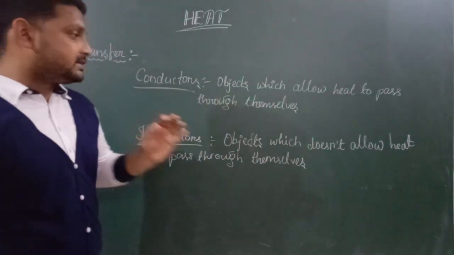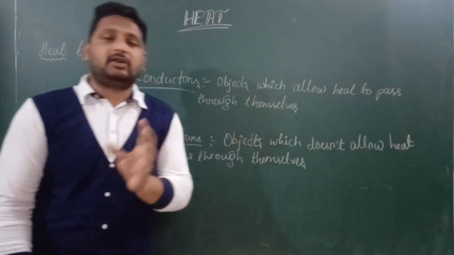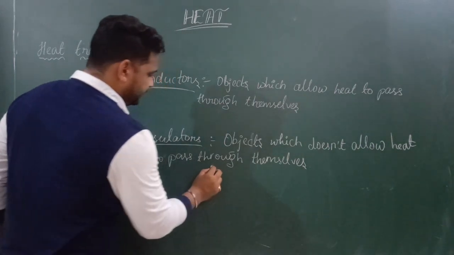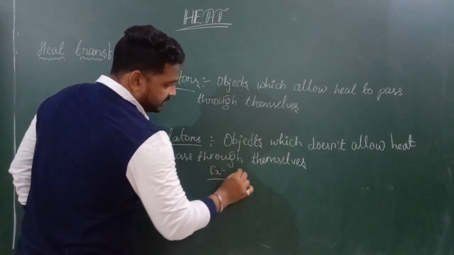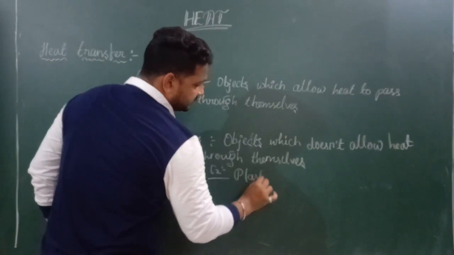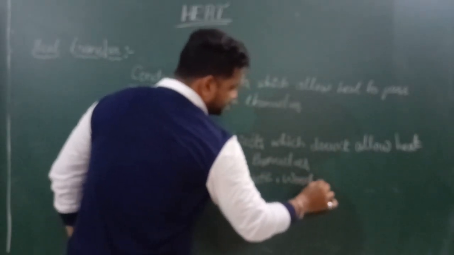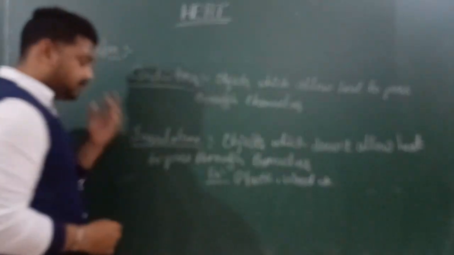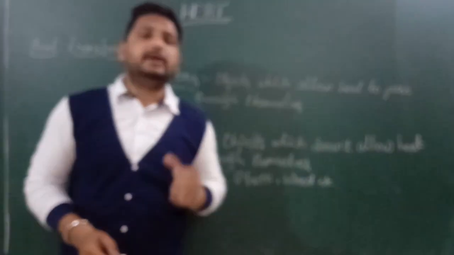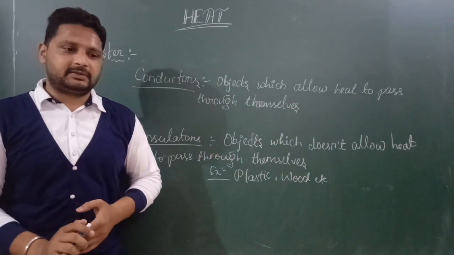So objects which do not allow heat to pass through themselves, they are called insulators. For example, plastics, wood. Okay. So there are some of the examples of substances which do not allow heat to pass through themselves.